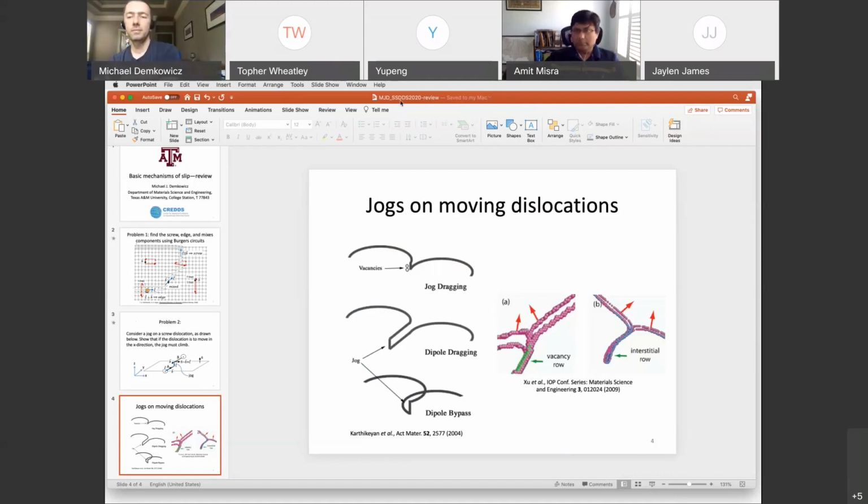Hi, I have a comment. If you can comment some on geometrically necessary dislocations and statistically stored dislocations. I don't know whether it's a general comment, like what they are. I mean, that's a big discussion topic.